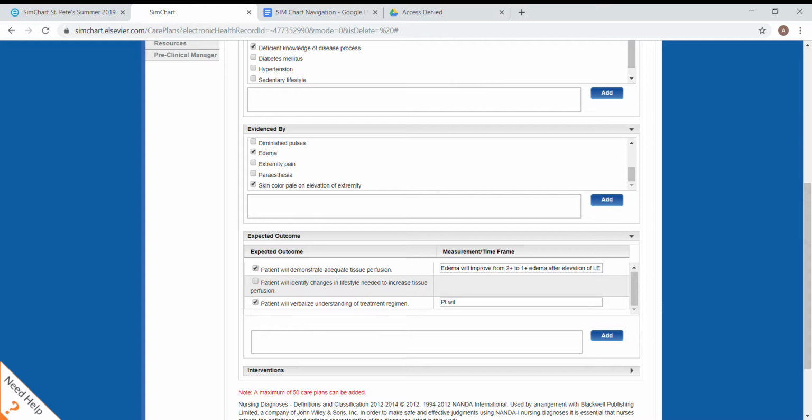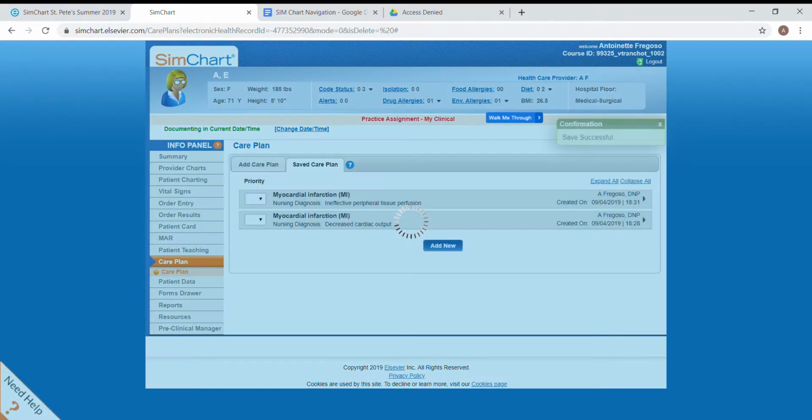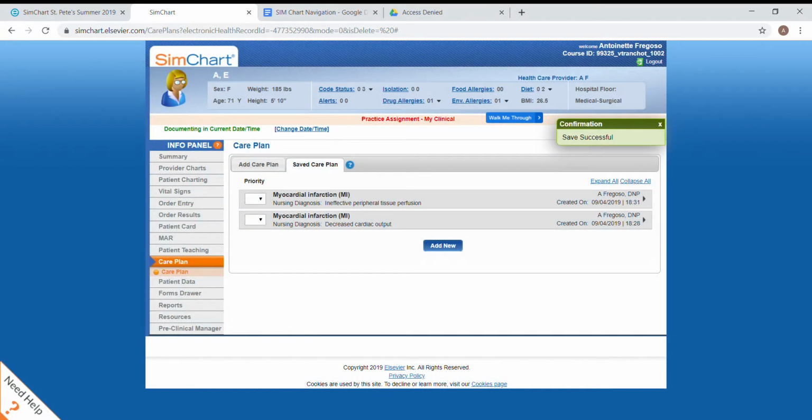Patient will verbalize 2 indications for preventing clots in lower extremities. I think you get it. But either way, I'm just going to add that there.